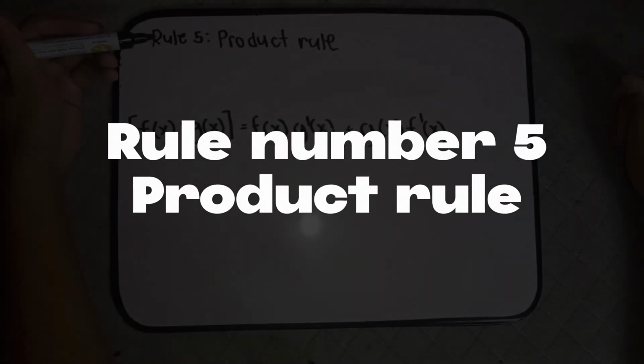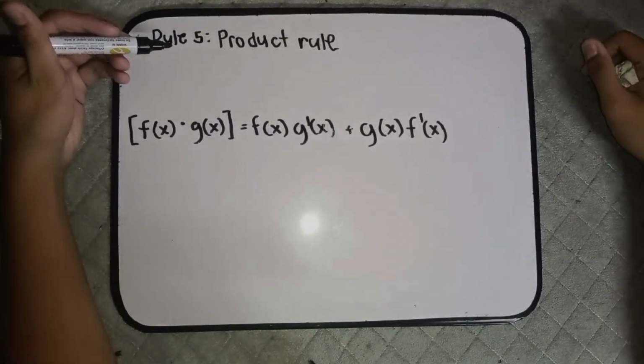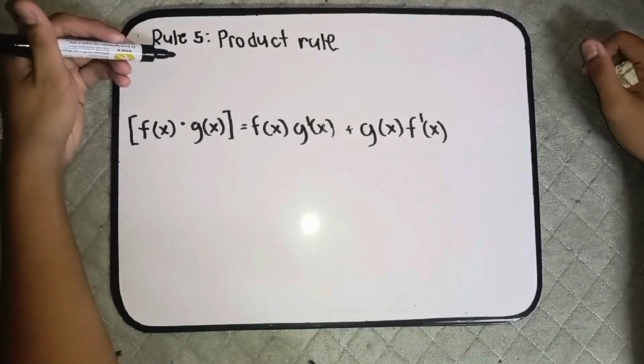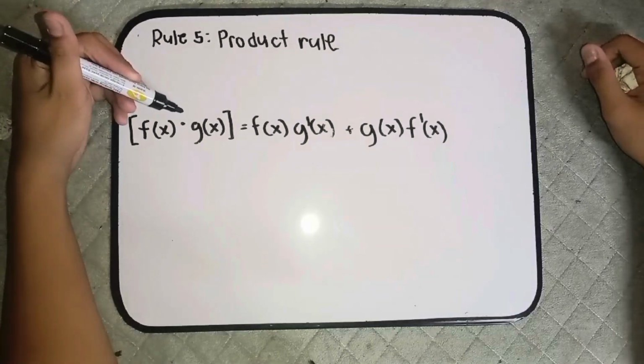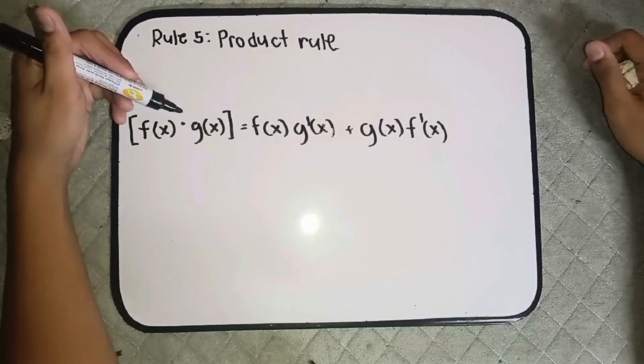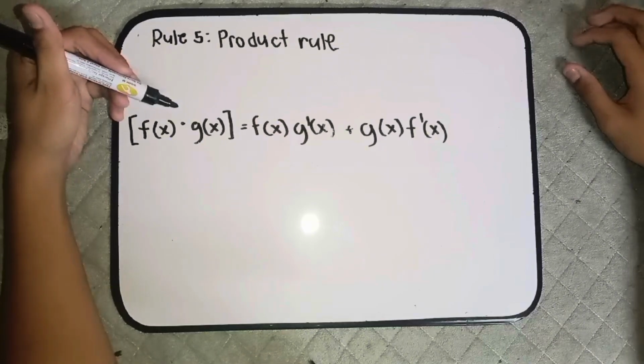Now moving on to rule number 5, the product rule. As the name suggests, we have to find the derivative of a product. All we have to do is follow this equation. F of x times g of x is equal to f of x times the derivative of g of x plus g of x times the derivative of f of x.